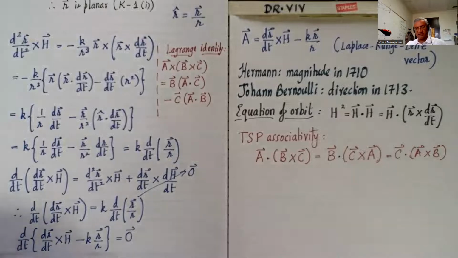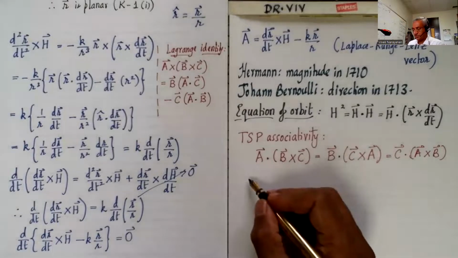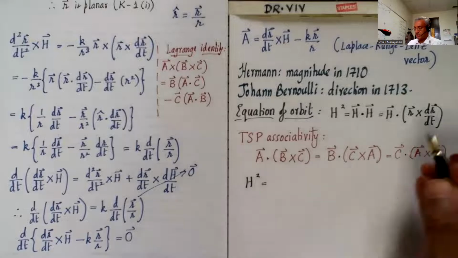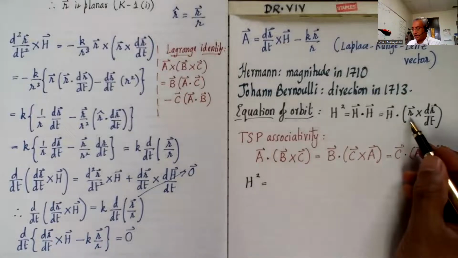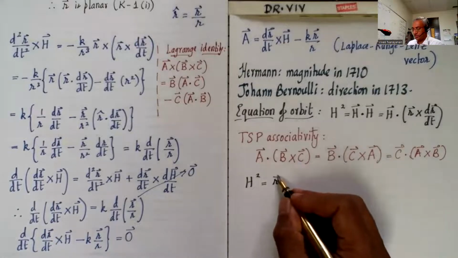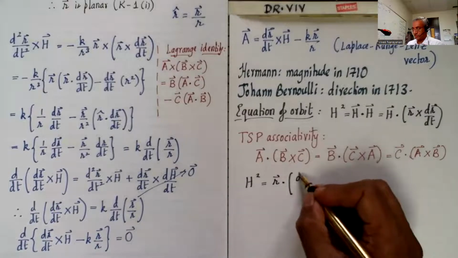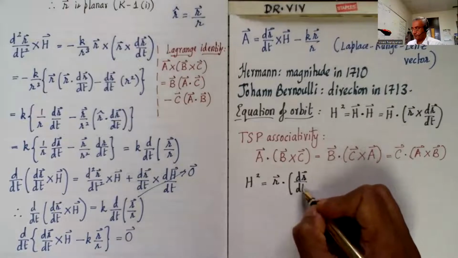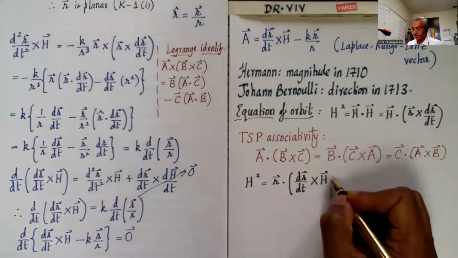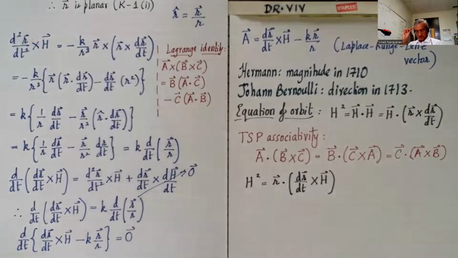All right, let's write down the quantity known as h squared. Because I'm bringing B outside, that becomes r dot C, which is this. So that's dr by dt cross H. But look at our newly minted quantity.